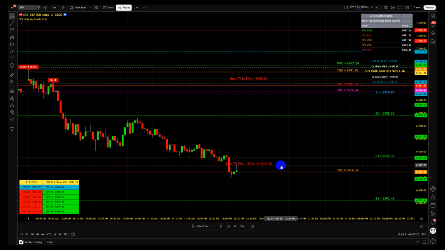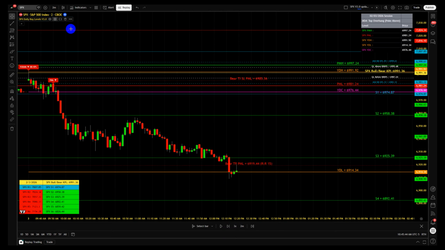Well, then you can just keep moving it down till it's right at YDL or right below YDL, or maybe you want to target S4 or whatever. So the best way of looking at this is that you can either look at this as the final exit, and still what you would do in between is that you can still manage your trade level to level.